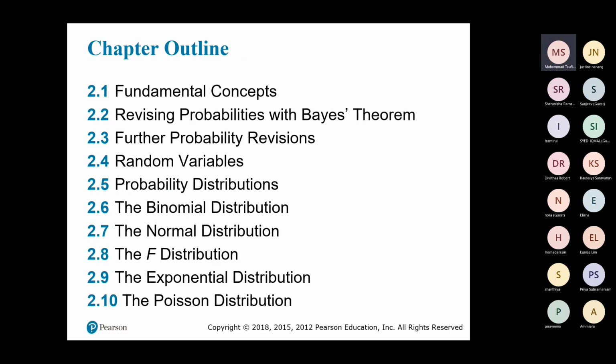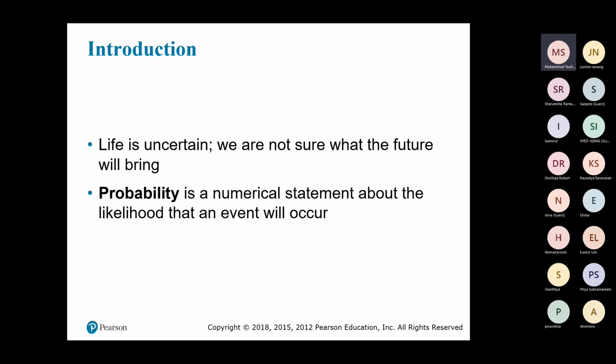This is the chapter outline. Life is uncertain. We are not sure what the future will bring. When we studied in elementary school, secondary school and high school, we always learned that when we do mathematics, we always know the value.